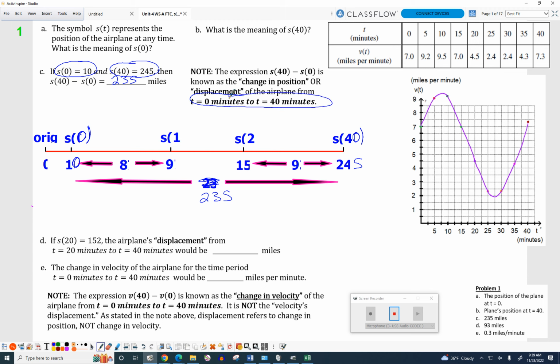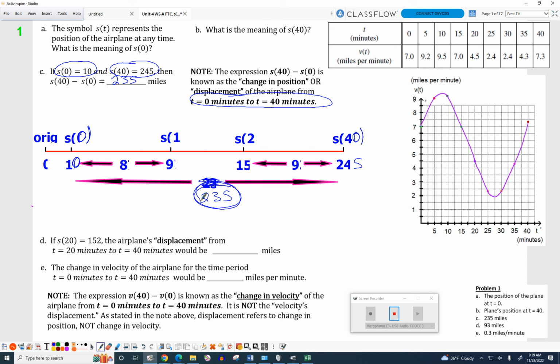Okay, sometimes it's easier to memorize a word if you memorize another associated word. It's not the opposite, but they're related. The other word you've got to memorize is, I guess it's three words, total distance traveled. So we have displacement, and we also have total distance traveled. I'm going to do a slightly different example here. I will be the plane.